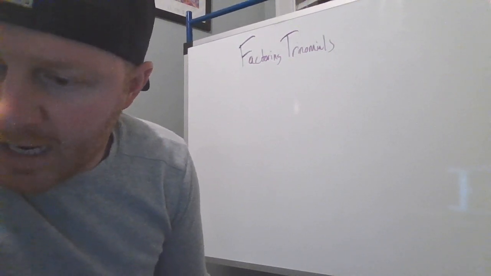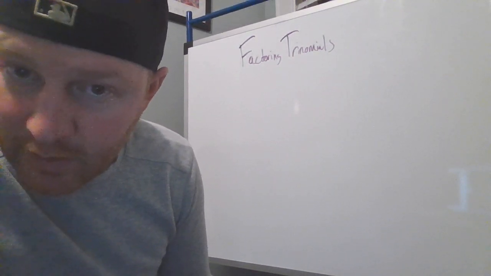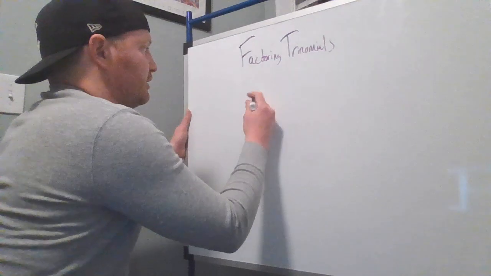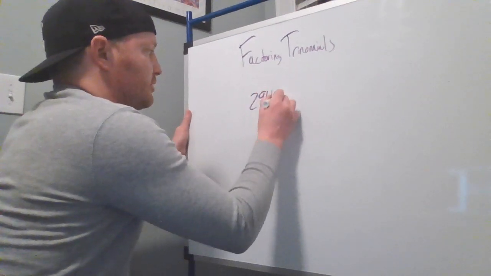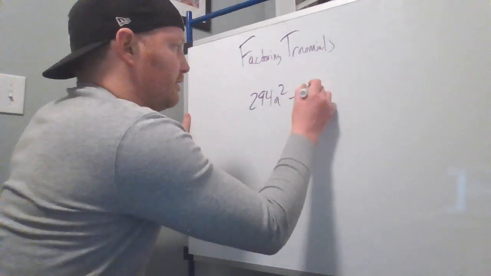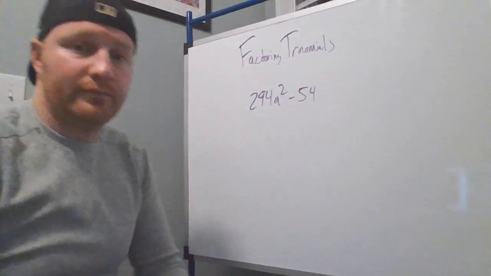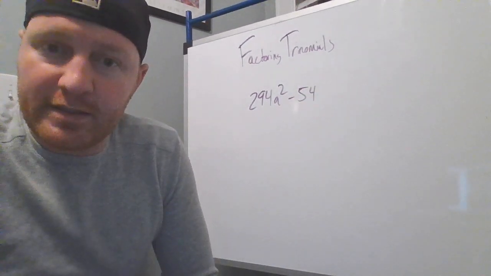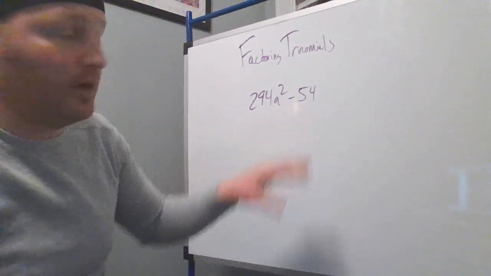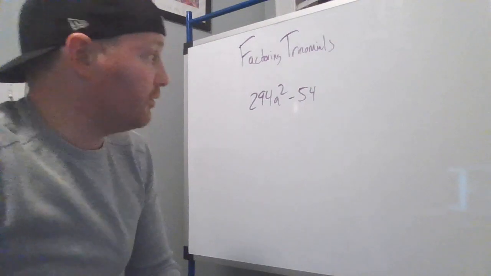All right, this one's kind of hard, and this is also from your work that I assigned you guys tonight or tomorrow. Let's do this one. 294a squared minus 54. This one is definitely hard to factor because these numbers are so large and I don't know what to do.